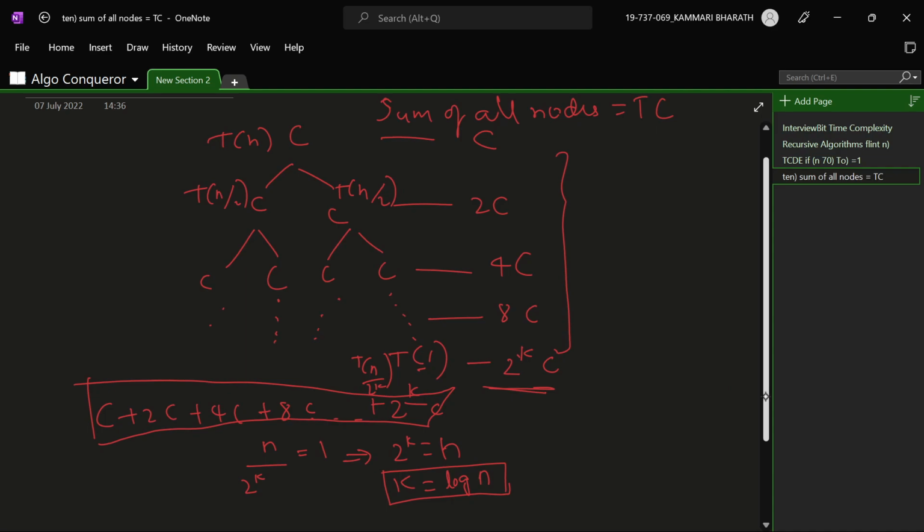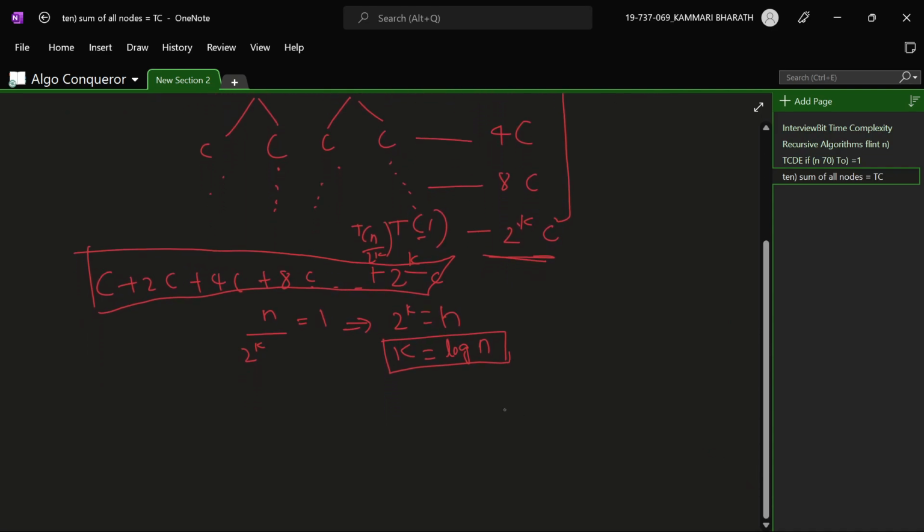Now how will you solve it? Have you done your geometric progression in your math class in 10th? Probably you might have. I'm sure you had. So this is a GP which has a value equal to C and r value equal to 2. And how many terms are there in this equation? There are, this is k is equal to 0, k is equal to 1. There are k plus 1 terms in this equation.